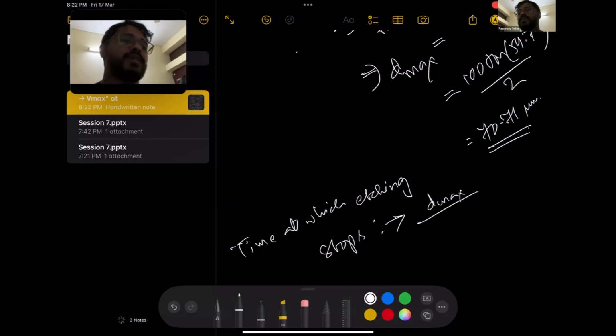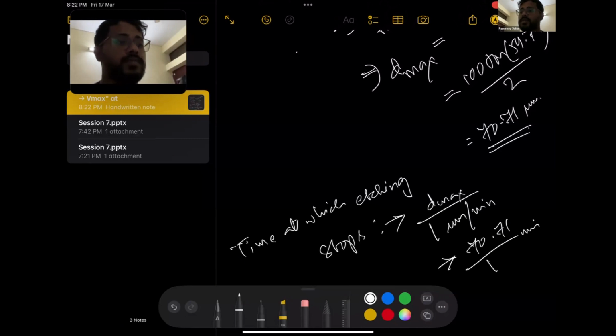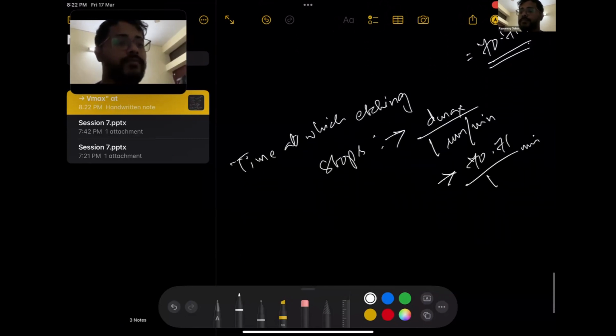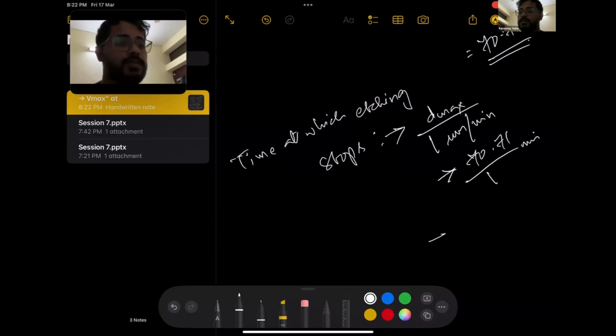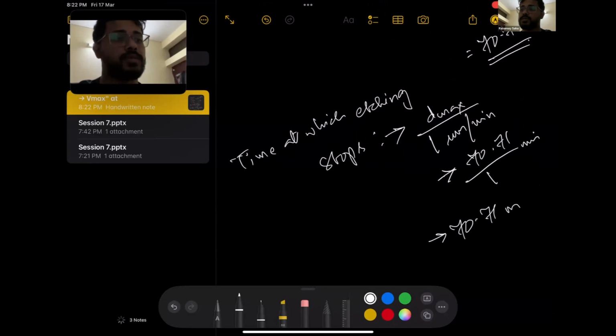That is Dmax divided by the etch rate, 1 micron per minute. So 70.71 divided by 1, in minutes. Of course, microns cancel out. So that gives you 70.71 minutes.